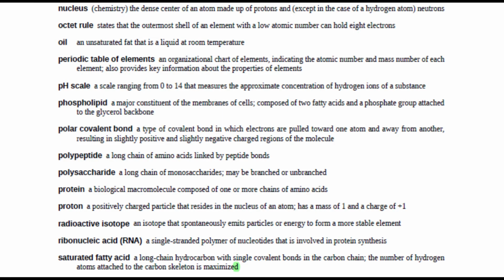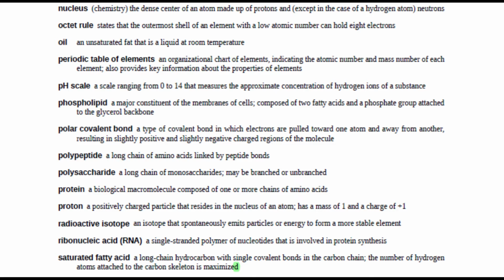Nucleus, in chemistry, the dense center of an atom made up of protons and, except in the case of a hydrogen atom, neutrons. Octet rule states that the outermost shell of an element with a low atomic number can hold 8 electrons. Oil, an unsaturated fat that is a liquid at room temperature.